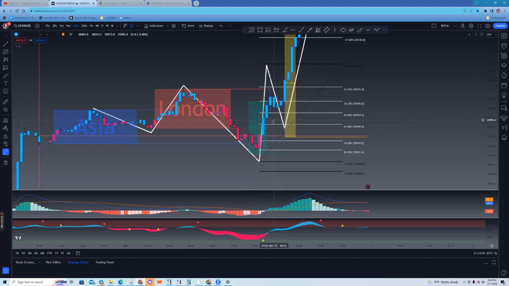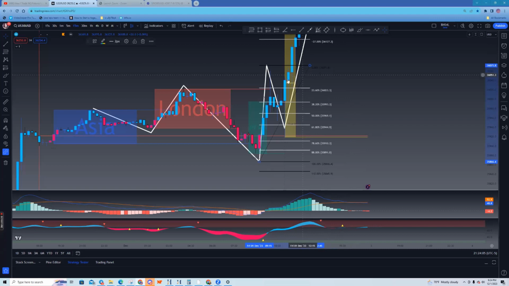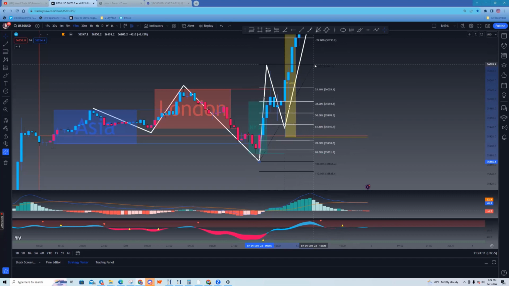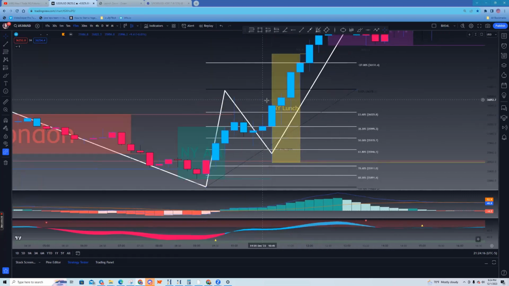So draw your fib right here, where the structure was broken, top to bottom. While you're waiting, you see that this did wick down to the 618 area, actually past it, almost to the 78.6 area.